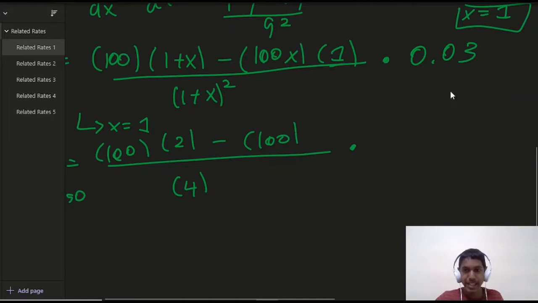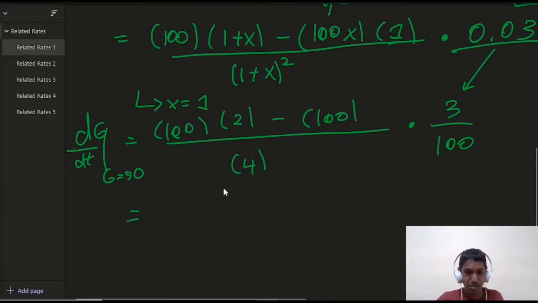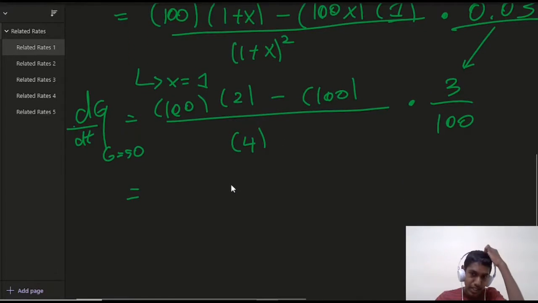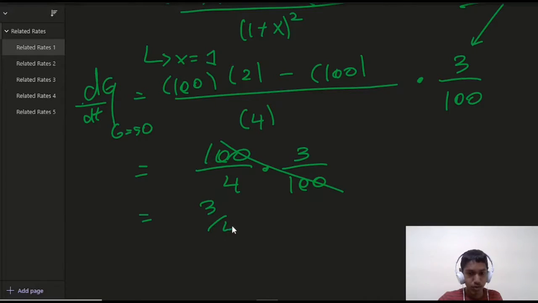Okay, and let's not forget to multiply. I'm going to write this as 3/100ths, just so it gets easier to simplify. So that's 200. 200 minus 100 is 100. Cancel those out, and you get 3/4 meters per year.